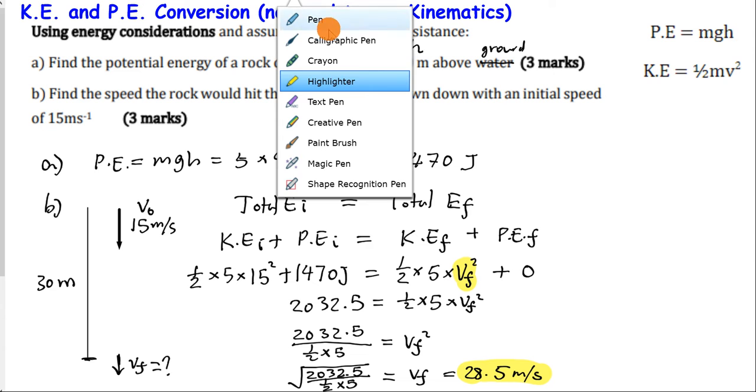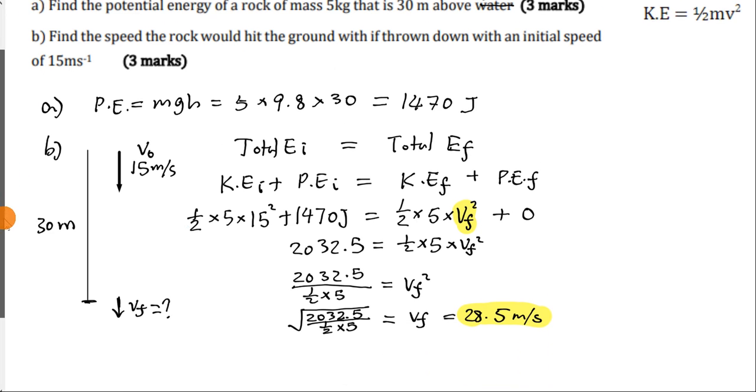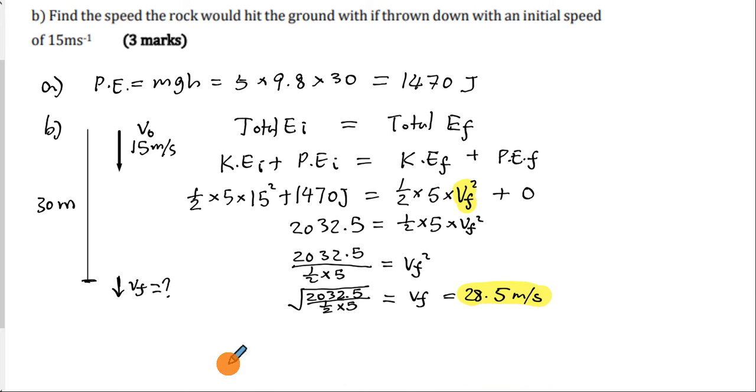One word of caution about using the calculator is that if you are doing a division of two numbers multiplied together, if you wrote it like this, divide by a half times 5, and if you've forgotten to put the brackets there, you will get a completely different answer. So let's just try that. Let's take that square root.